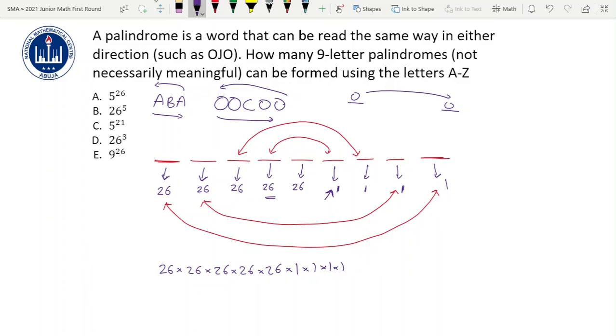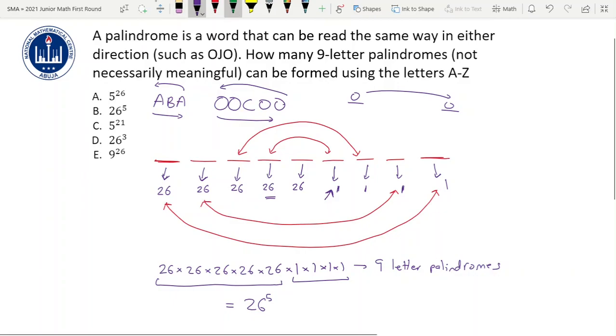So we can have this many 9-letter palindromes. And all these ones will multiply each other and we'll just have one, so it doesn't really change the product. And we have 26 multiplying itself 5 times here. So this value will be 26 raised to the power 5. So there are 26 raised to the power 5 9-letter palindromes that can be formed using the letters A to Z. So that's how to go about solving this question. And option B is the correct answer here.